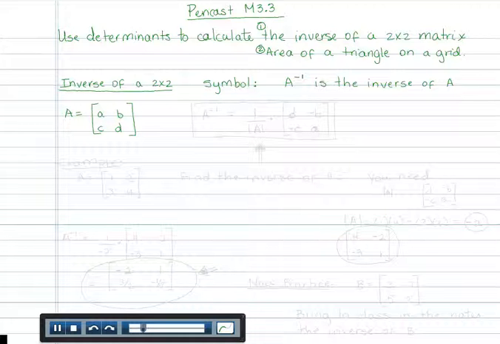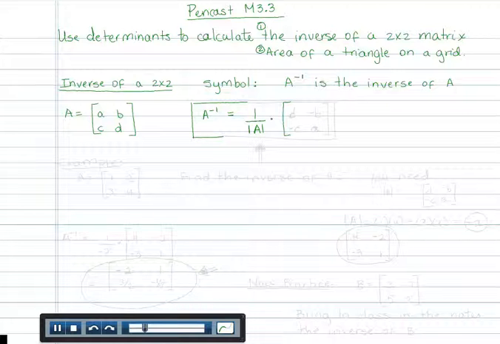The inverse is going to be this formula. A to the minus 1 is going to be equal to 1 over the determinant of A times this matrix. And this matrix is actually going to be the original matrix, but you're going to move around the numbers.